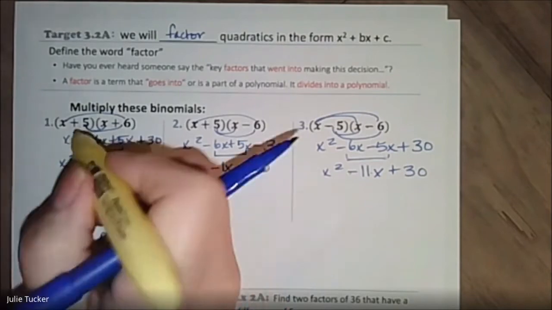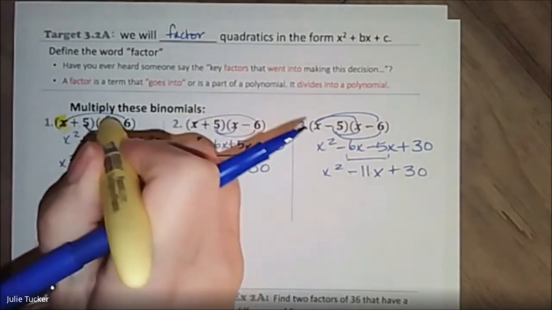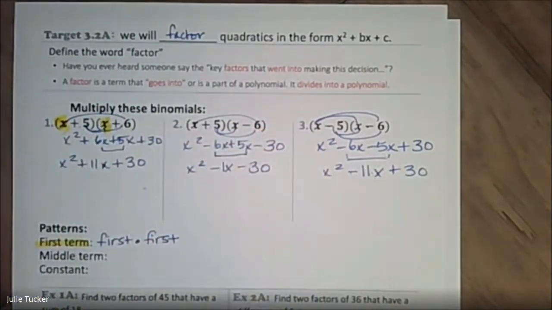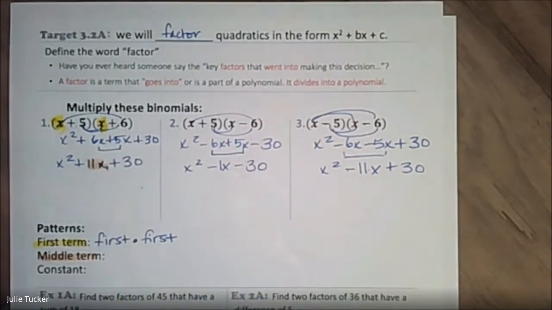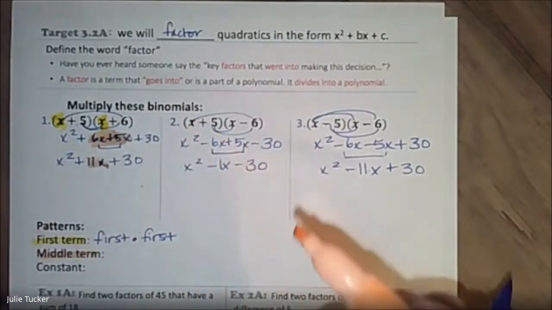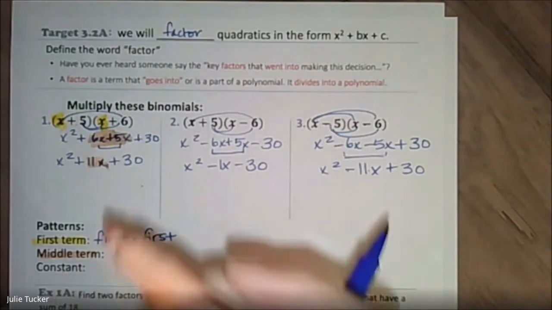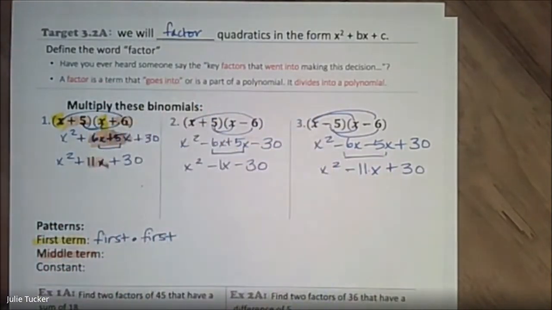The first term comes from this times this, right? The middle term, which is this, came directly from these two things, but you could really think of just taking the 5 and the 6 and putting an x with it, right?